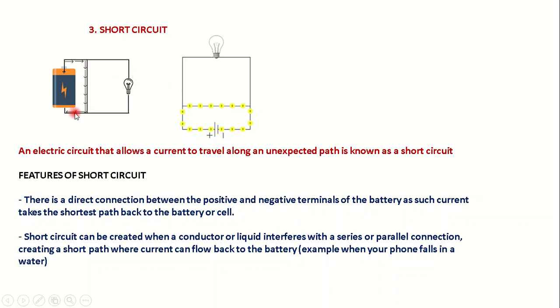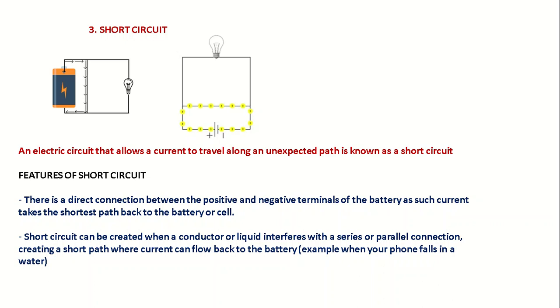A short circuit can be created when a conductor or a liquid interferes with a series or parallel connection that you've made already, creating a short path that current can flow back to the battery.